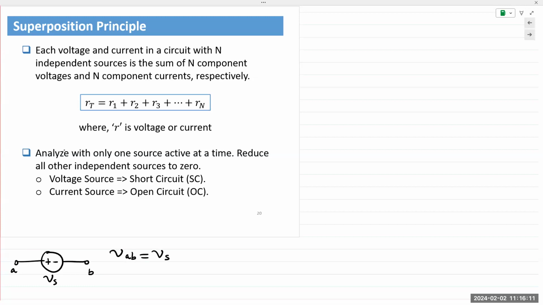Again, it's conceptual. Students should understand this, but it is more important to know how to do it. Okay.